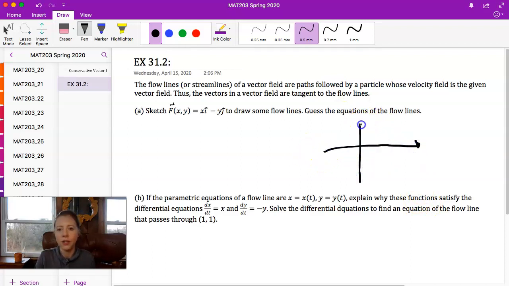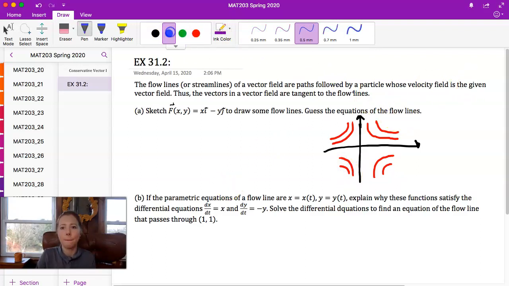So if we were going to sketch out x i hat minus y j hat, we'd end up with level curves that look something like this. And the flow would be something like this.